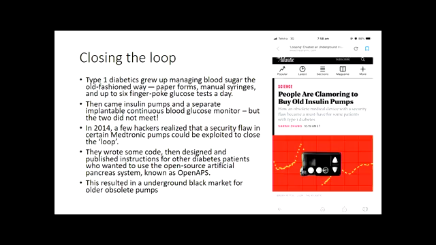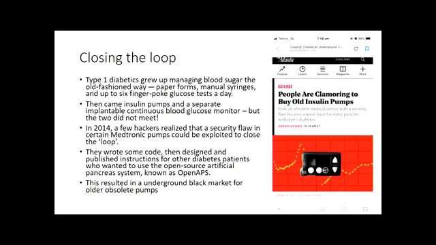They wrote some code that would continuously monitor the output that your blood glucose monitor is putting out, and then they wrote an algorithm that would guess your blood sugar level requirement, with a 5-minute delay, and then continuously send a signal to your pump to dose it automatically. You wouldn't have to get up and manually do it yourself. So you could actually have a good night's sleep and not worry about it.